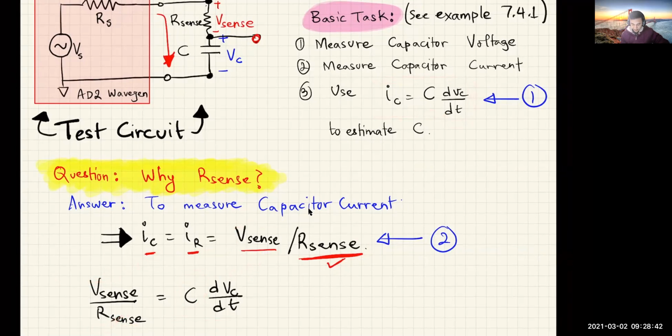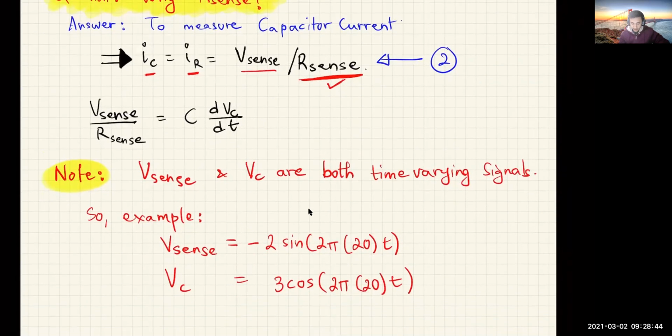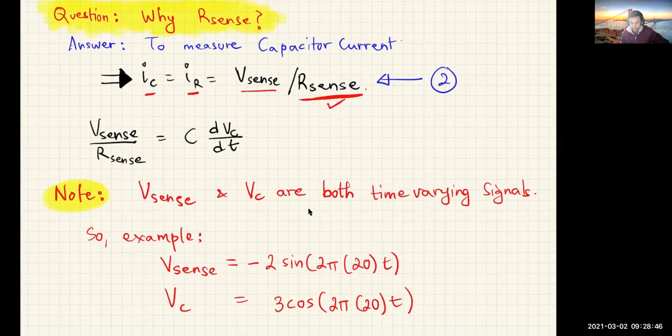Now, one quick note here is that Vsense and Vc are both time varying signals. So you're applying a sinusoidal voltage on the circuit, so these voltages are also going to be sinusoidal. And when you express them and do your math, you should always express them as sinusoidal voltages.